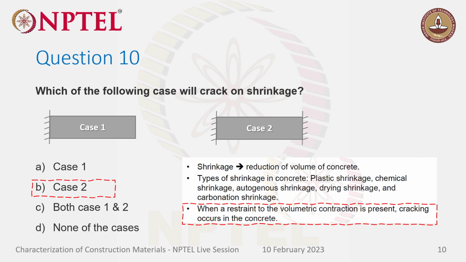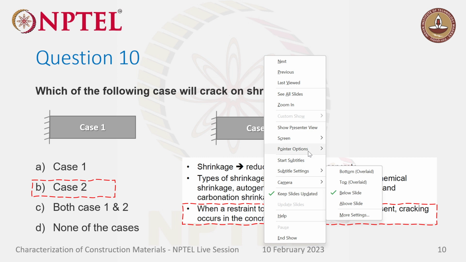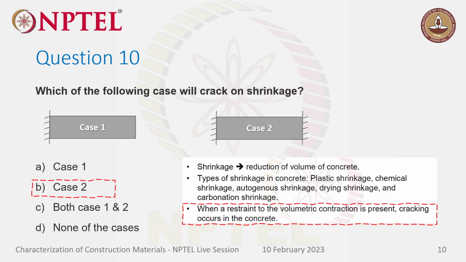If there is a rebar in between here, let me draw it. Maybe it will crack, but the extent of crack will be lower than when there is no reinforcement.